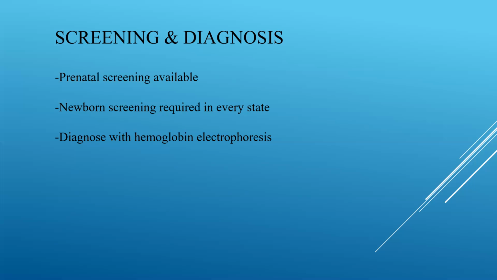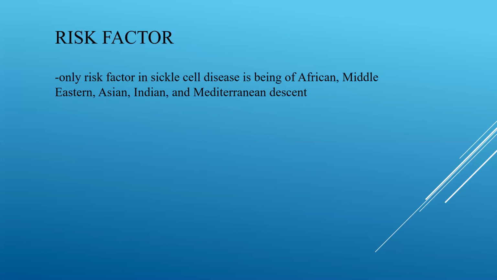Newborn screening is required in every state. And we can diagnose using hemoglobin electrophoresis, which shows us the different types of hemoglobin. Risk factors. The only risk factor is being of African, Middle Eastern, Asian, Indian, or Mediterranean descent.